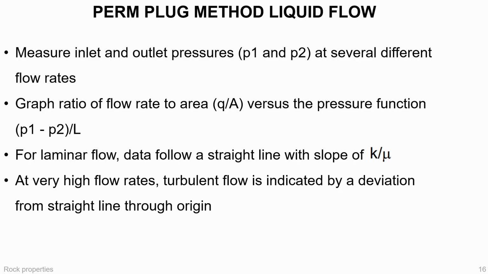Under laminar flow conditions, the data should form a straight line through the origin, consistent with Darcy's law. The slope of this line reflects the relationship between permeability and fluid viscosity.